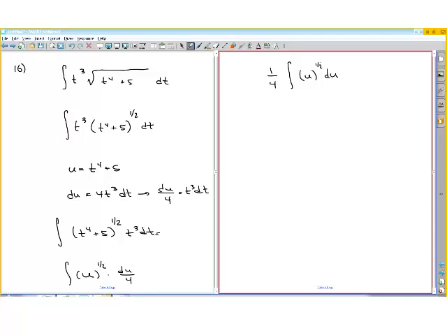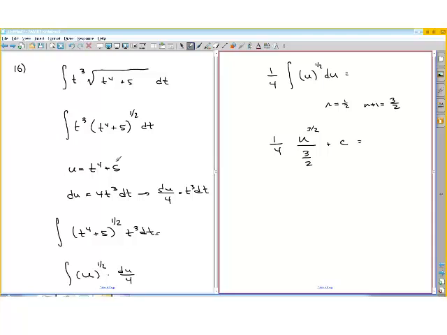Okay, so we integrate this, which we know how to do. n is equal to 1/2, so n plus 1 is equal to 3/2. So we get 1/4, and the integral of u to the 1/2 du is u to the 3/2 divided by 3/2 plus our arbitrary constant c.